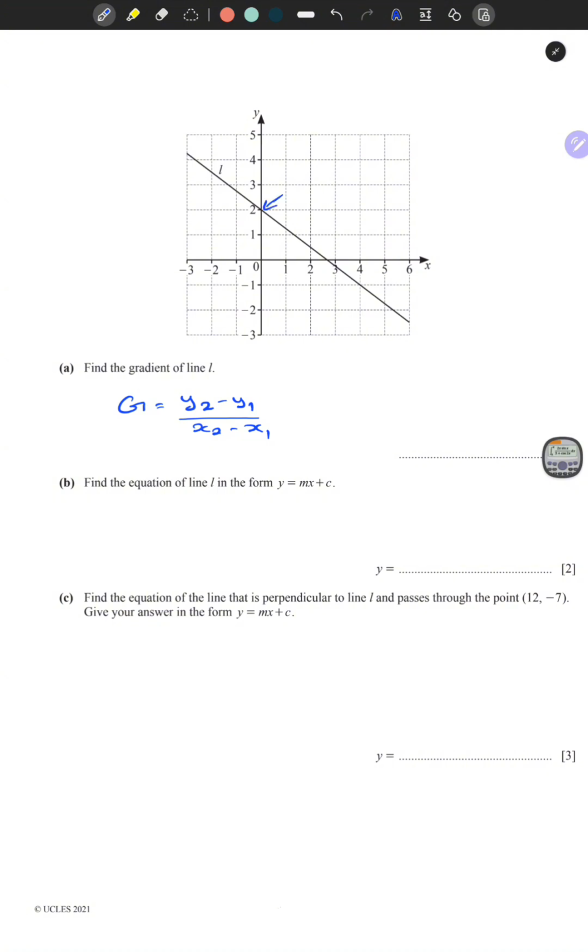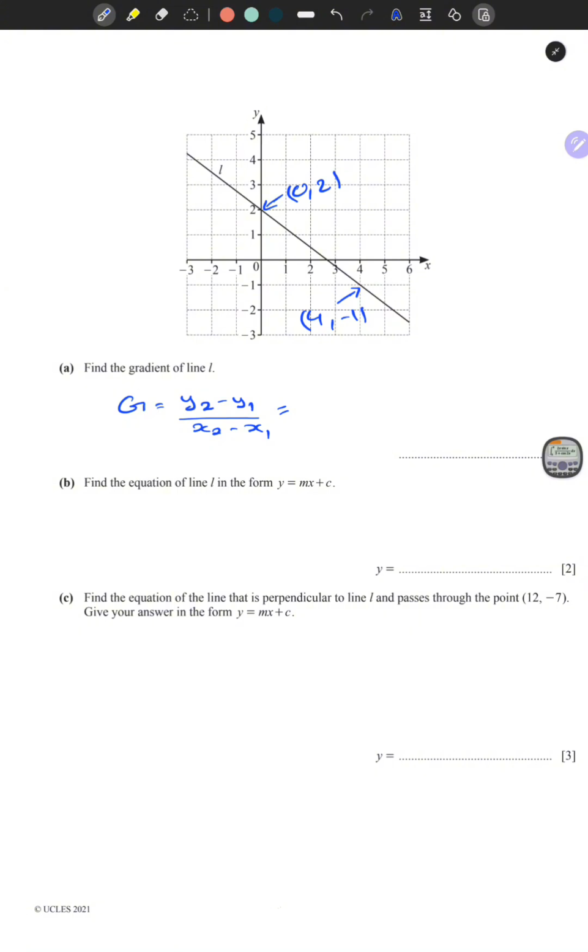This point is easy to spot, which is (0, 2), and another point, here, is easy to spot as well, which is (4, -1).